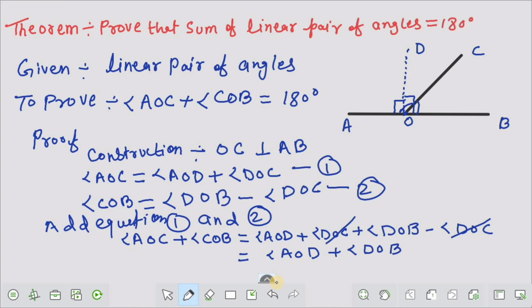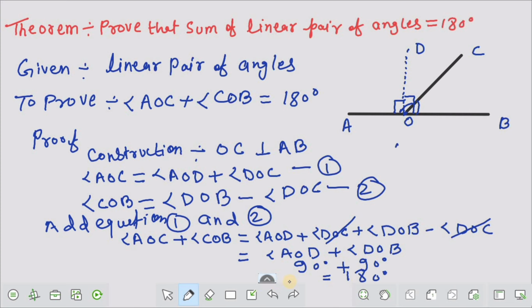And what is angle AOD equal to? We can see in the figure that angle AOD is equal to 90 degrees and angle DOB is also equal to 90 degrees. So in place of angle AOD we can write 90 degrees, plus in place of DOB we can also write 90 degrees. So 90 plus 90 is equal to 180 degrees.